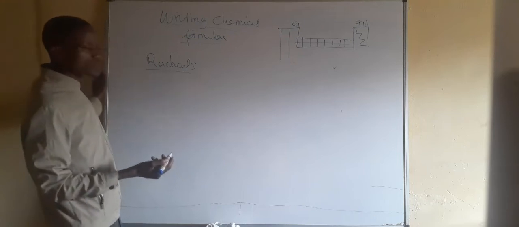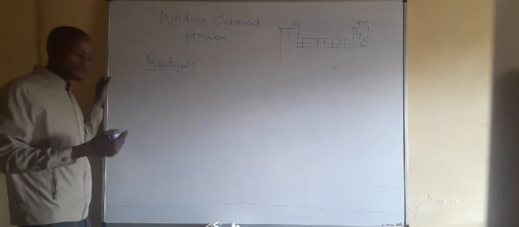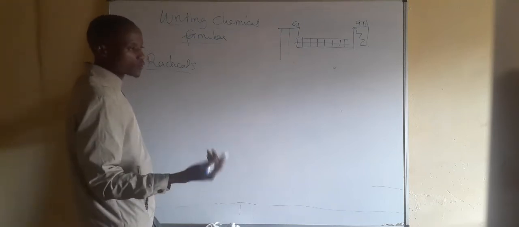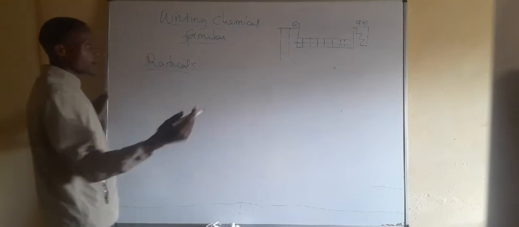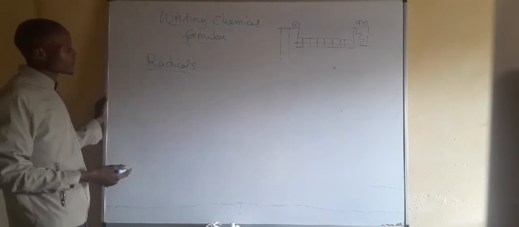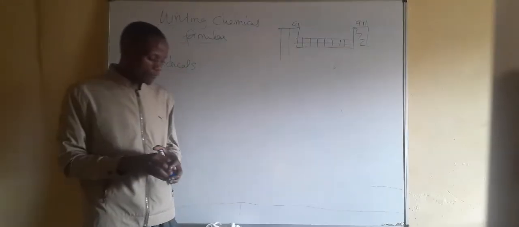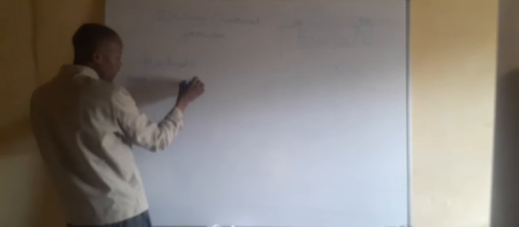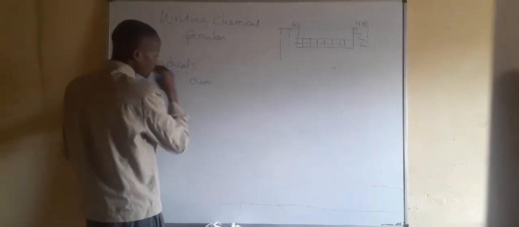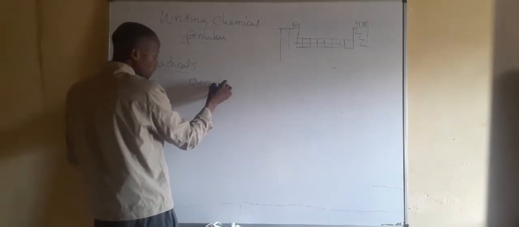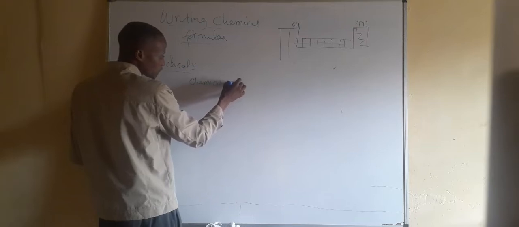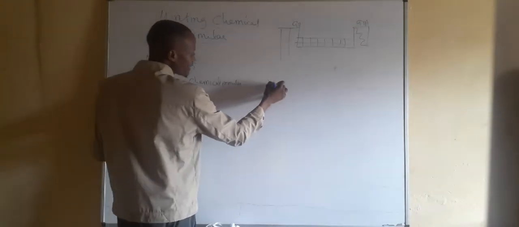Now we have radicals with a valence number of 1. We have radicals with valence number of 2, 3, and also some of them 4, and so forth. So let us start by discussing radicals with a valence number of 1. So the name of the radical here, the chemical formula or symbol, then valency here.